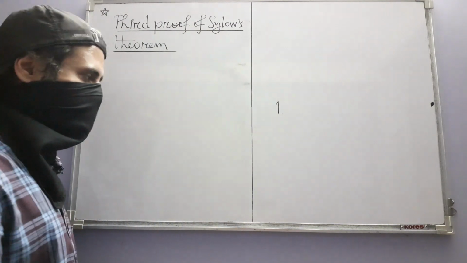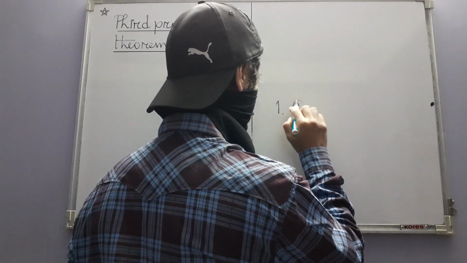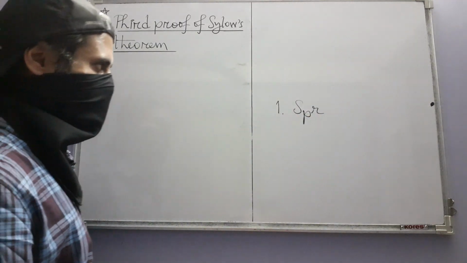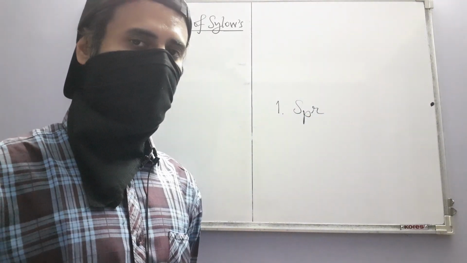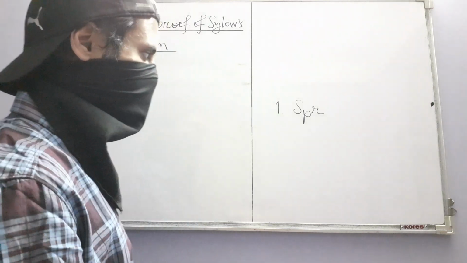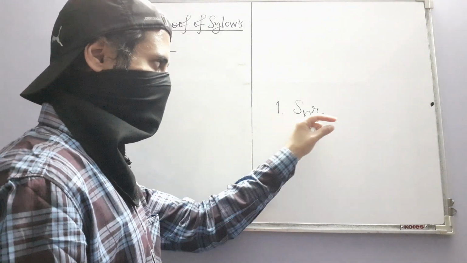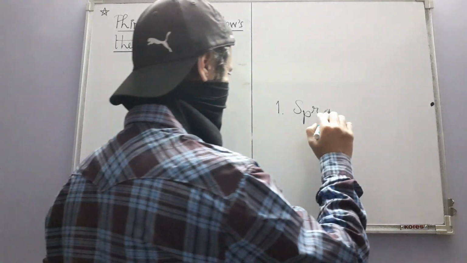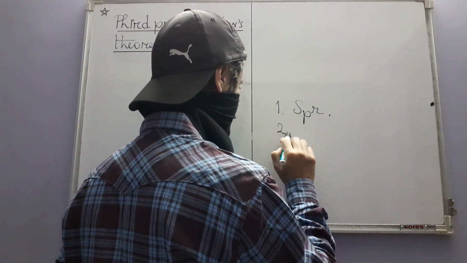First, we are going to prove that these symmetric groups S_{p^r} have p-Sylow subgroups, where p of course is some prime and r is a non-negative integer. So that is the first step.